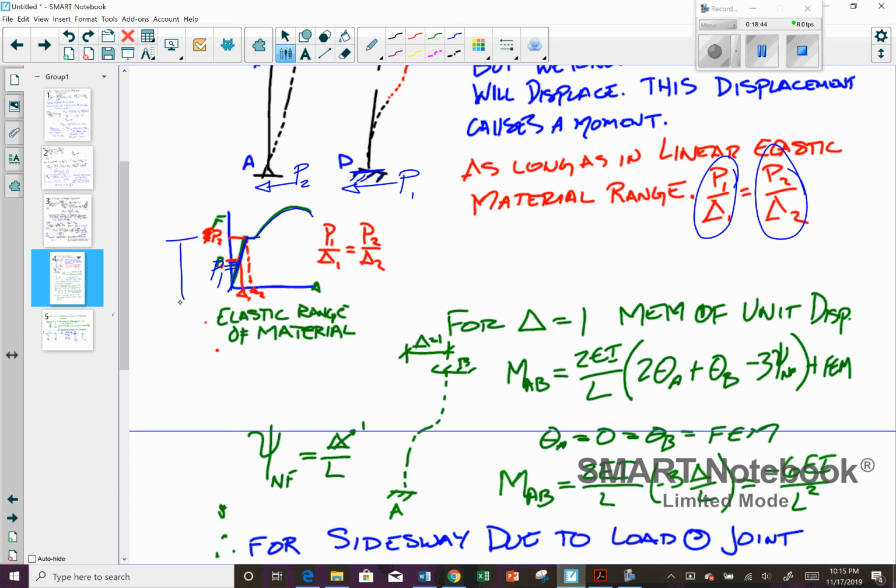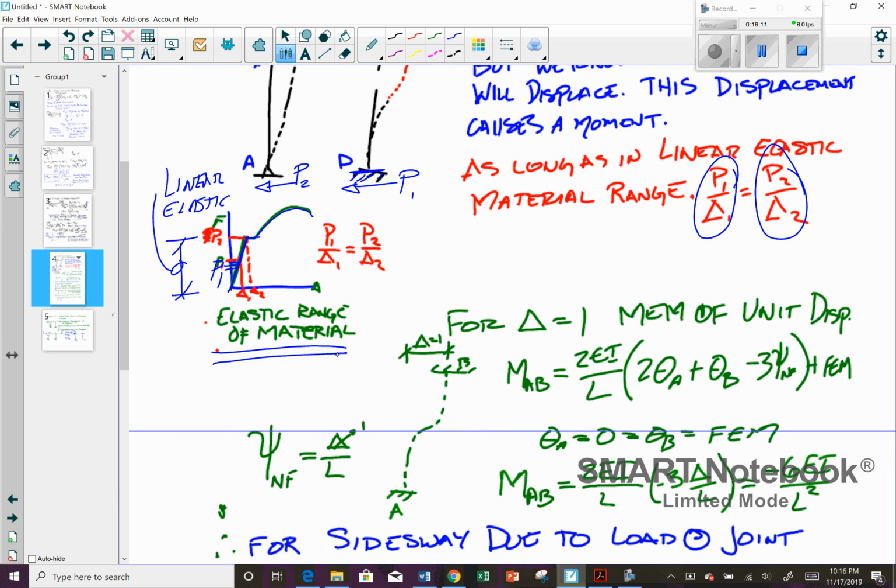So this range right here is your linear elastic range. As long as you're in that linear elastic range, the delta 1 that corresponds with your P1, the ratio of those is going to be equal to the ratio of your P2 over the delta 2. And this, again, is within the elastic range of the material.